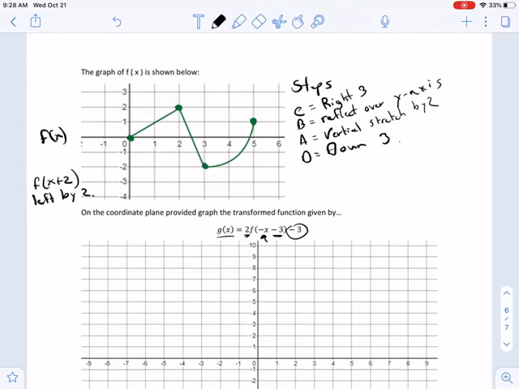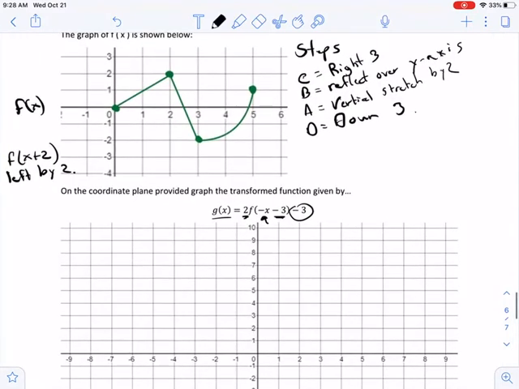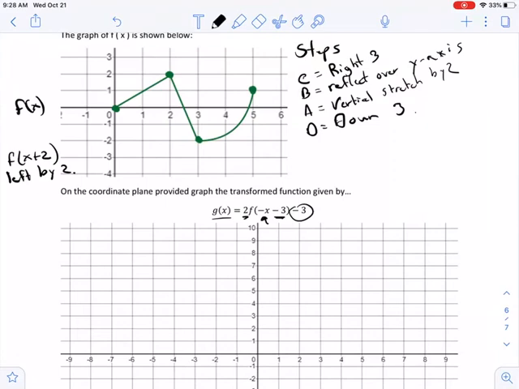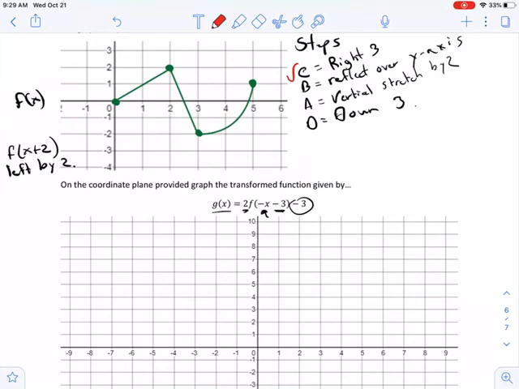So I need to take this initial graph that I have and plot it on this coordinate plane. I might not do the parent function just because it's right above there, but I will do my first step here, which is to take that graph and move everything to the right by 3. So I had a point at 0, 0, so now that point's going to be over here. This point was 2, 2, so now it's going to be at 5, 2.